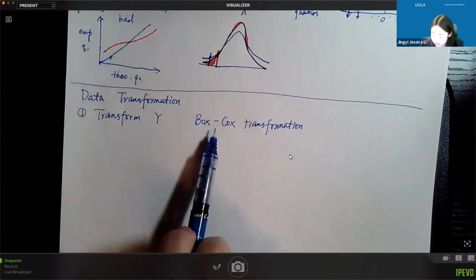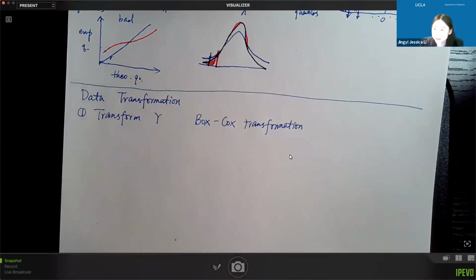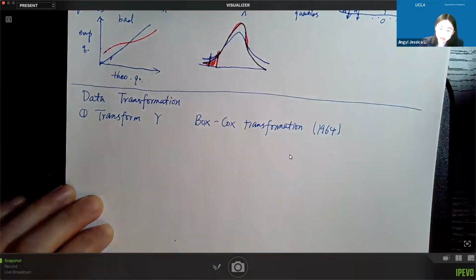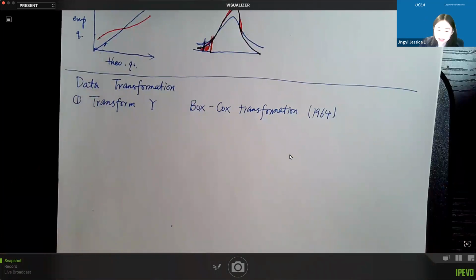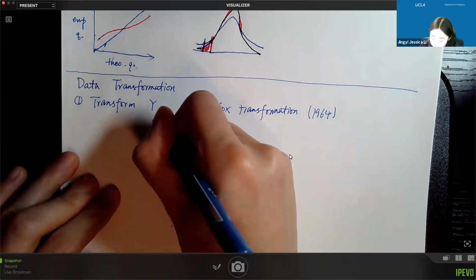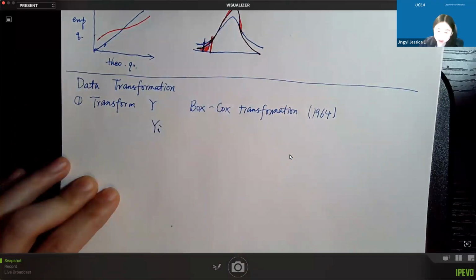And David Cox is very famous for Cox regression in survival analysis. This is work from 1964. What they did is give us a systematic way of choosing a power transformation on our response Y. Here I'm just going to talk about it for one particular response y_i.